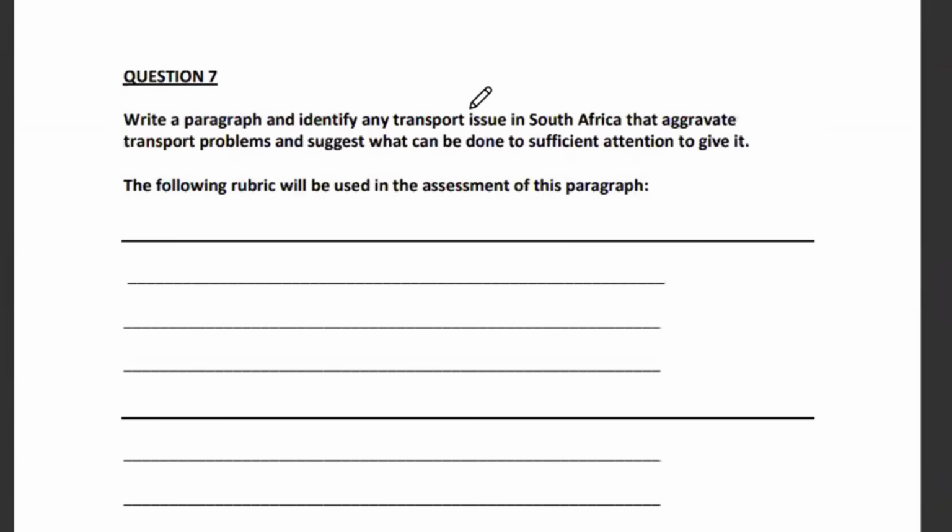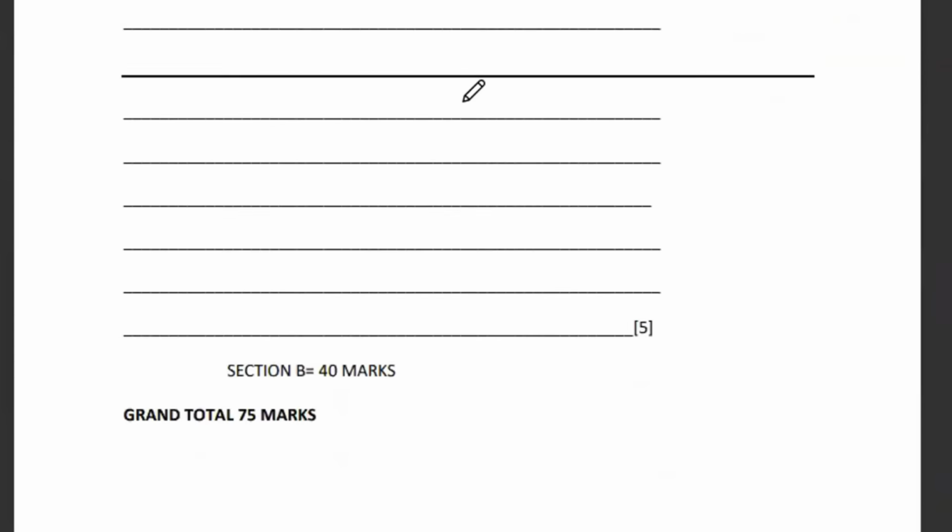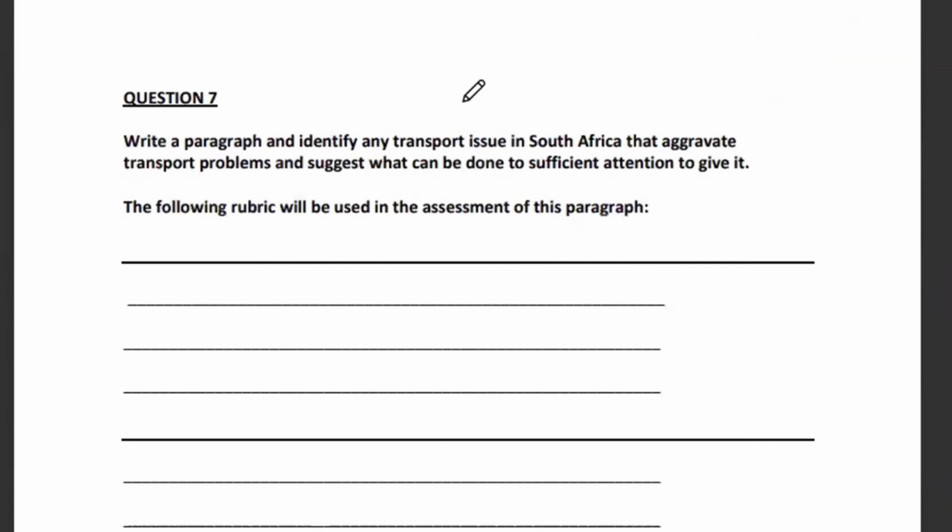Right, so let's move on to question 7, which says: write a paragraph and identify any transport issues in South Africa that aggravate transport problems and suggest what can be done to give them sufficient attention. The following rubric will be used in assessment of this project.